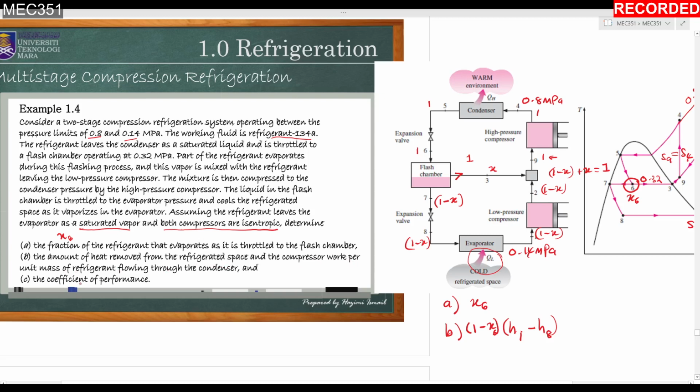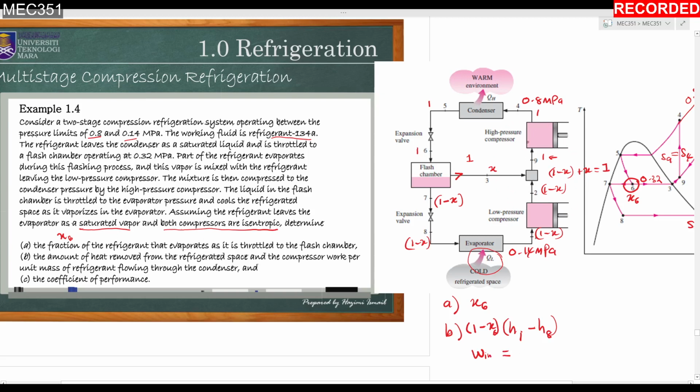So the value of compressor work in will be equal to the total compressor work.